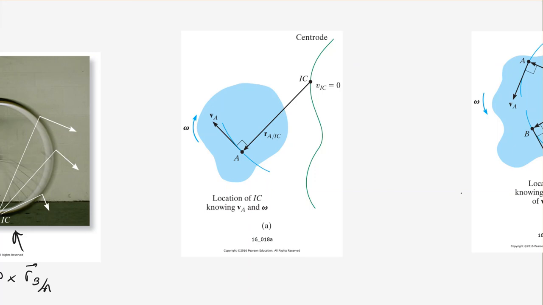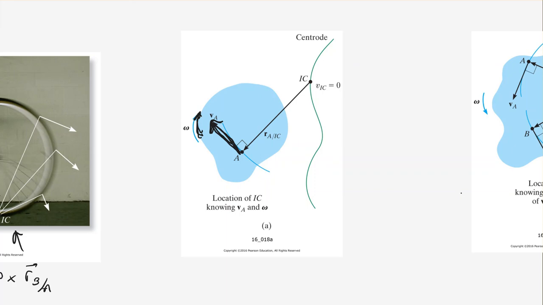So case A is, and they give you these pictures, okay? Case A says that if you have the velocity of a point that's known, here would be your known velocity, and you have some angular velocity.